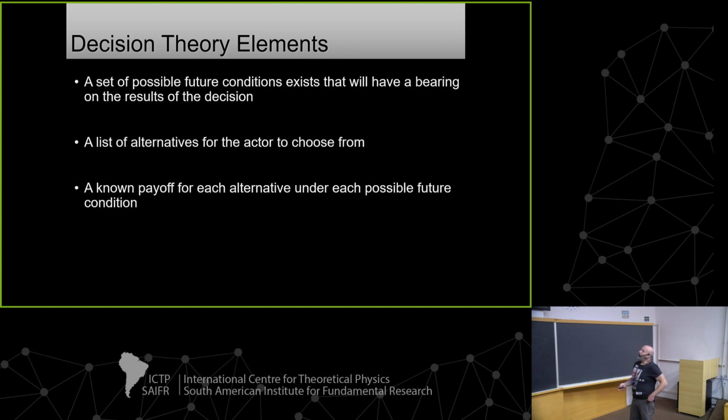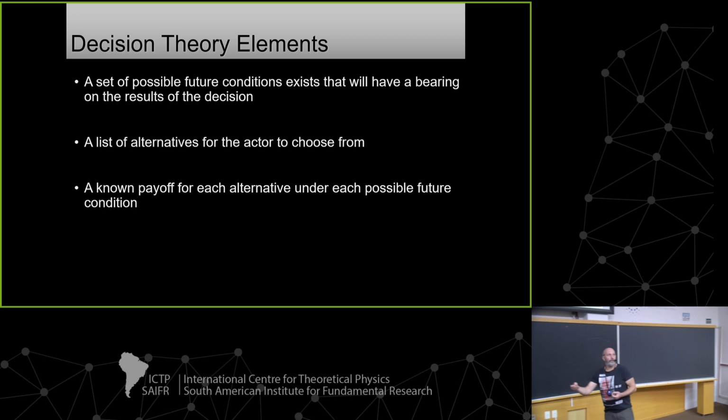So what are the elements of decision theory? There is a set of possible future conditions that exist and that will have a bearing on the result of the decision. So at a given moment, I can imagine what are the possible situations that I will need to face.